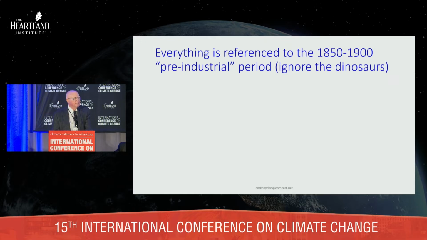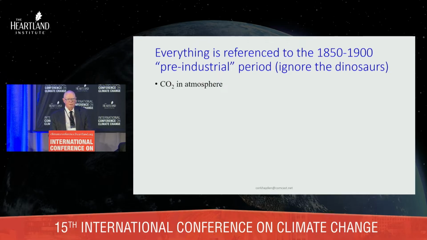Another thing is that everything in the IPCC is referenced to the pre-industrial period of 1850 to 1890, and with apologies to paleoclimatologists and so forth, they're going to ignore all the dinosaurs and the PT extinction and all that kind of stuff.